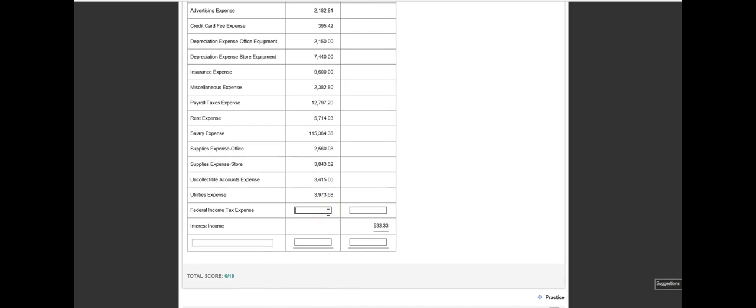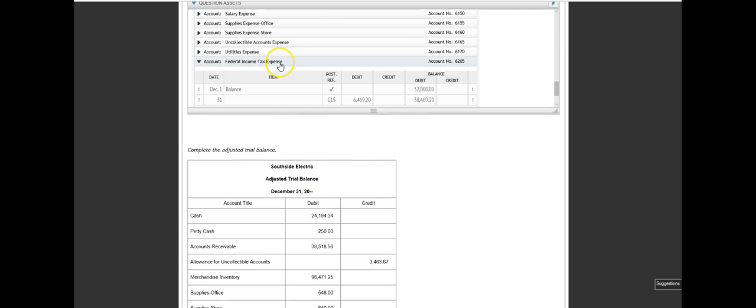Federal income tax expense. Sorry, it was both of those numbers together. I will show you. $38,469.20.